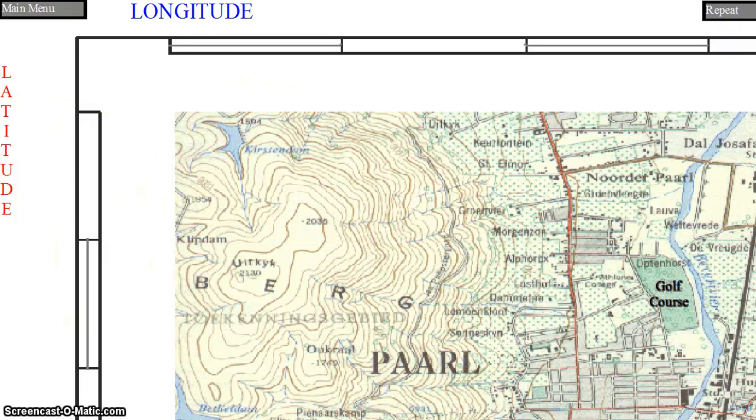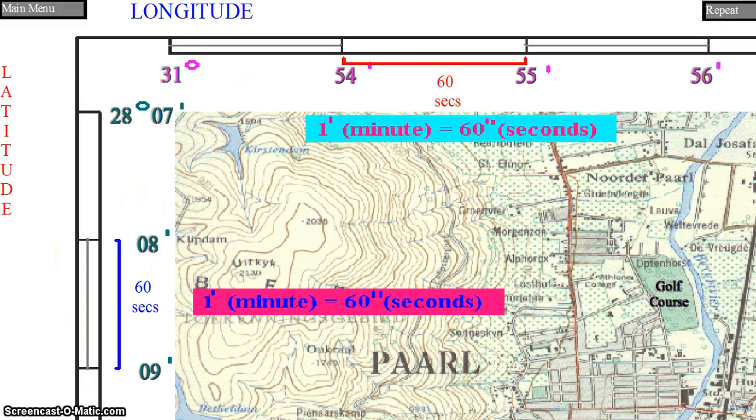Latitudinal and longitudinal coordinates consist of degrees, minutes, and seconds.